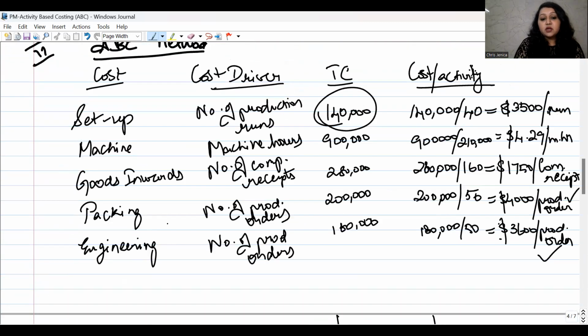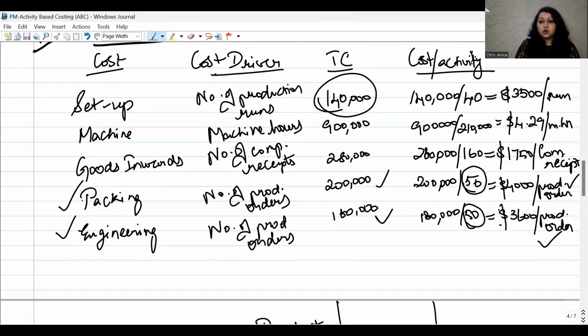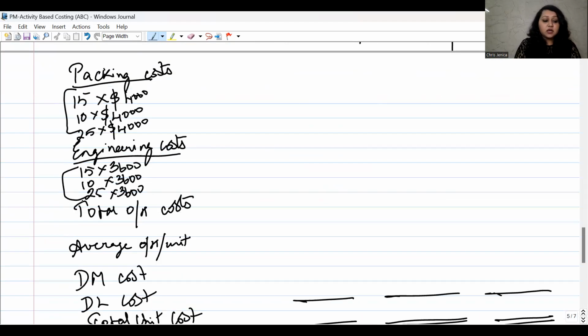So why is that differing? Packing cost was 2 lakhs and engineering cost was 1,80,000, but the number of production orders that you took were 50. So you had got cost per activity at $4,000 per production order for calculating packing and $3,600 per production order for calculating engineering cost. Now we will calculate the total cost.